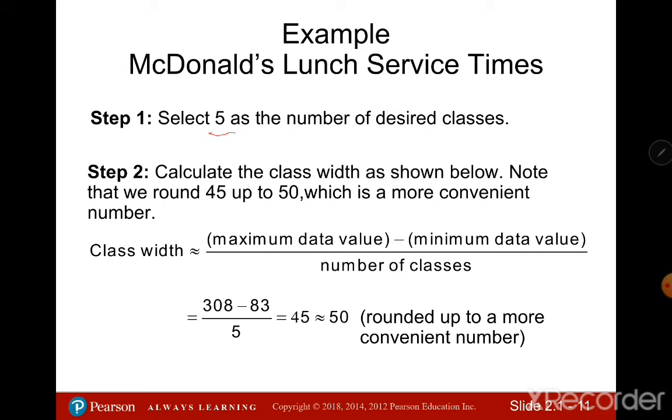So we get 45 as our class width. It's totally fine to just use 45 as our class width. Here, the example shows pick another convenient number, 50, but it's still fine to just use 45.